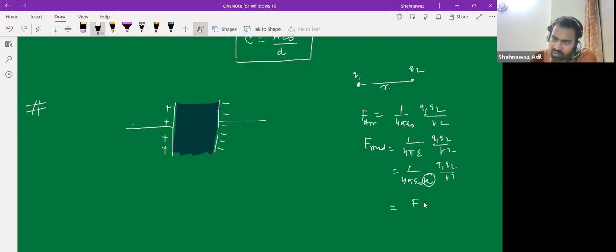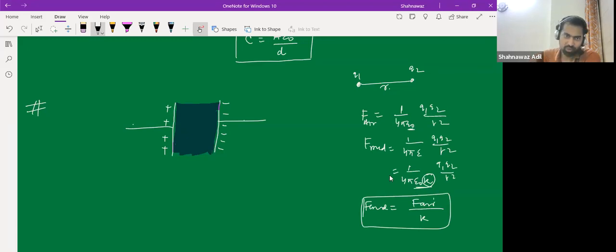And we see that the force is F air by K. So this medium decreases the force. Similarly, what we do is we just replace epsilon naught with epsilon naught K. So what was the electric field in this case?